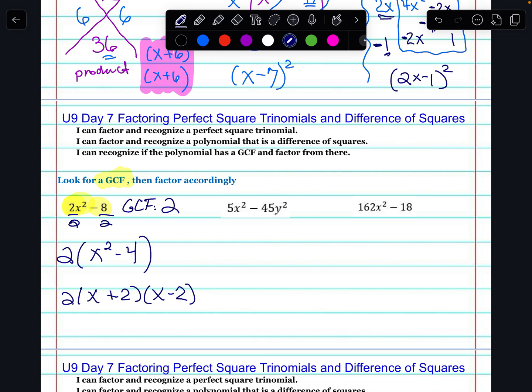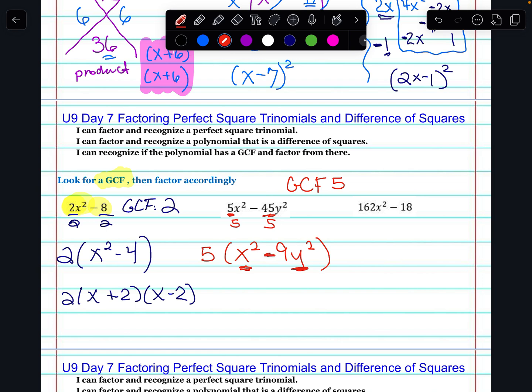The second one, there is a GCF. This time, notice how this is 5, and this ends with 5. So I'm guessing my GCF will be 5. I'll divide each term by 5, and I'm left with x squared minus 9y squared. These are both perfect squares. It's a difference.